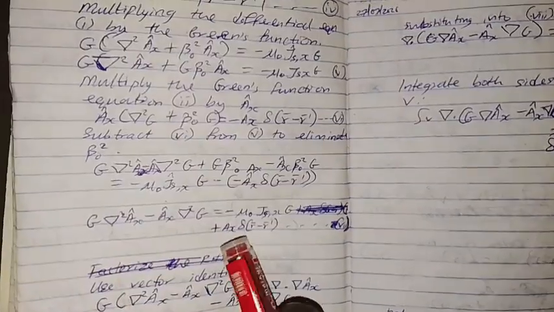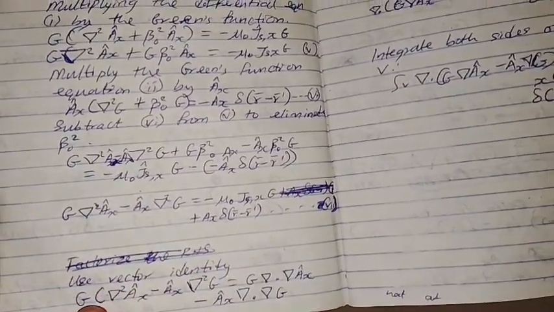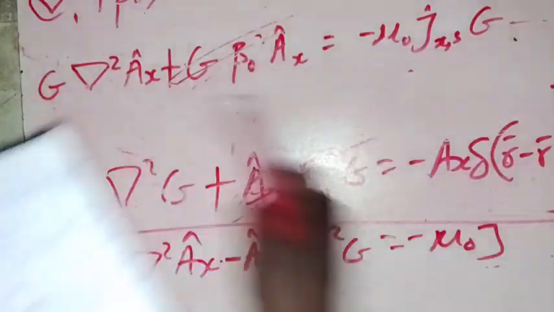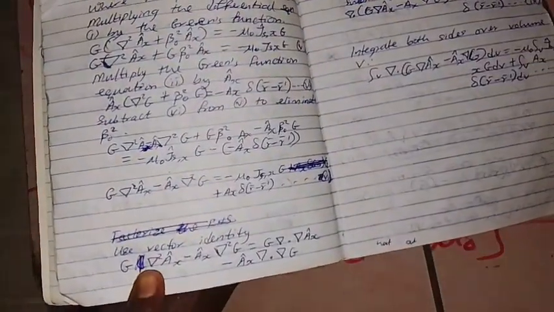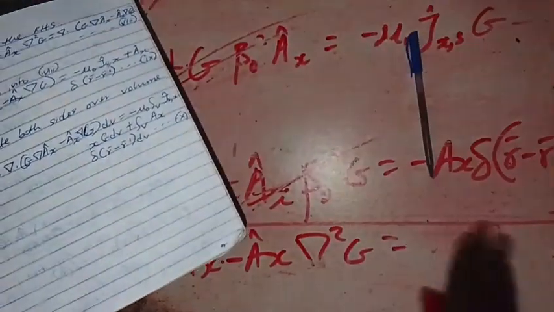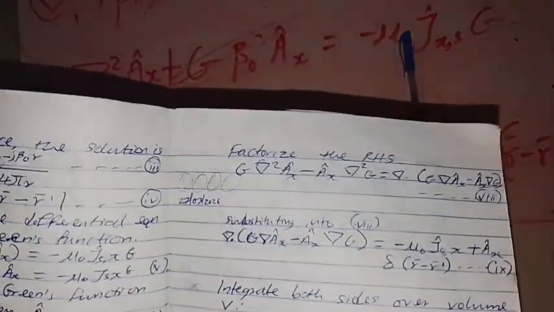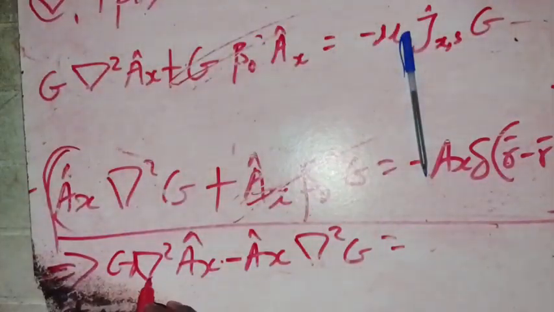Now, after having that, there is another vector identity we use on this expression. According to the vector identity, whenever we have this kind of expression, it is equal to this guy.